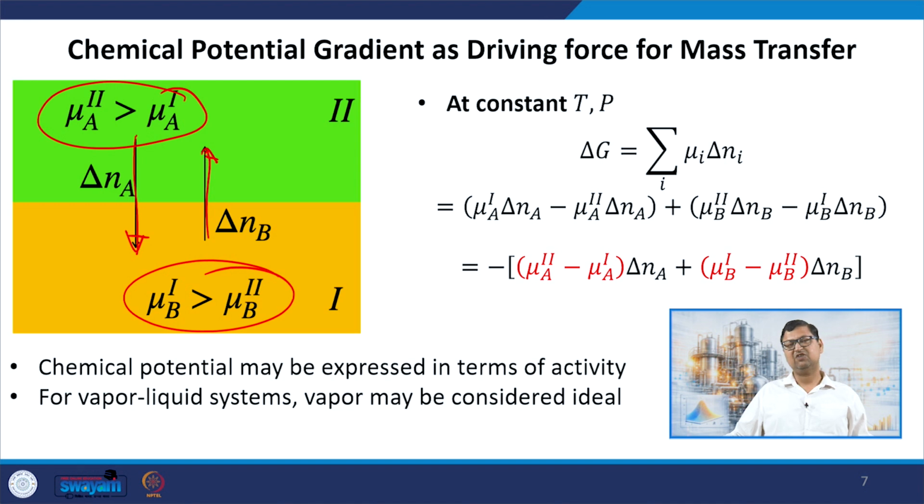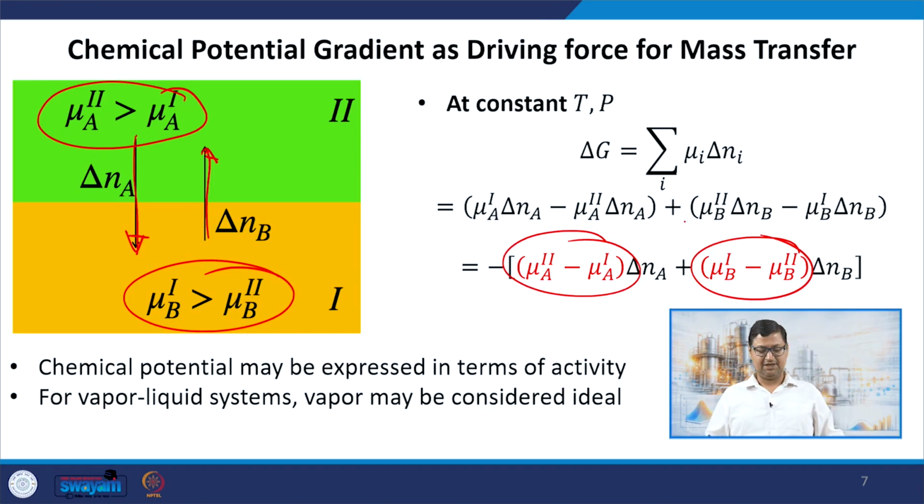And in fact, we said that this will continue until we reach equilibrium, and at equilibrium these differences are going to vanish. And in fact, this is what gave me the E equations in the original MESH equations for the equilibrium stage.